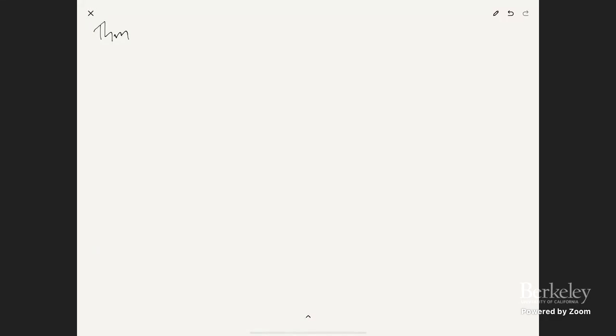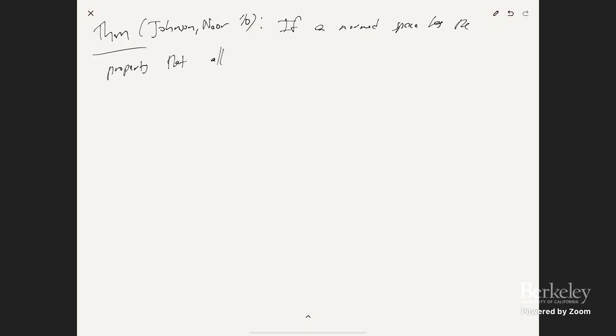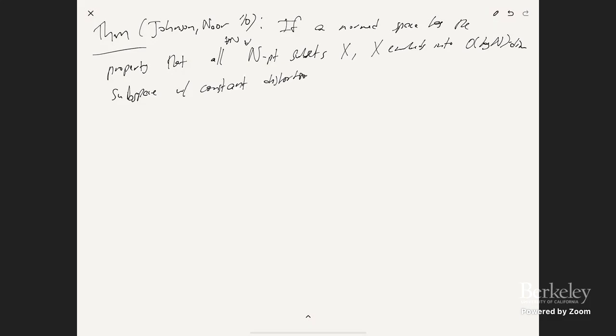I'm not going to state the exact theorem, but it says that if a normed space has the property that for all n and for all n-point subsets X, X embeds into an O(log n) dimensional subspace with constant distortion, then that normed space is almost Euclidean.